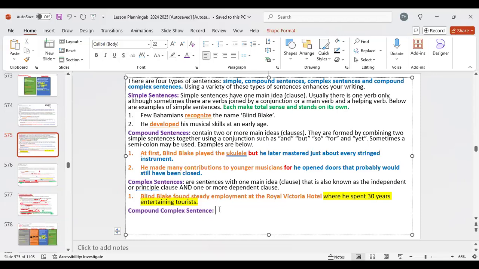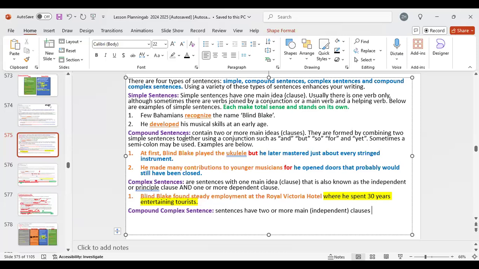So these sentences, that's when people will be getting A's in their exam, and you wonder how they get A's in the exam. Because they know how to write compound complex sentences. Compound complex sentences have two or more main or independent clauses, just like the compound sentence.